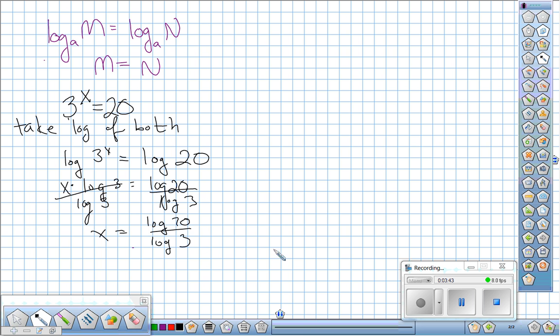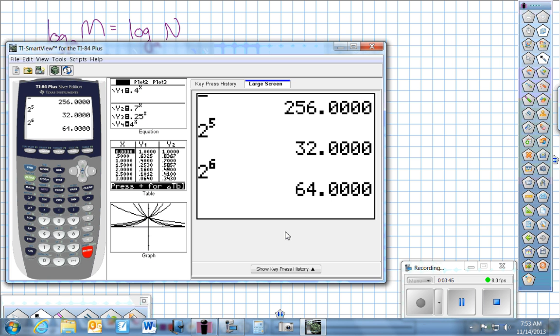And I'm just going to do that in my calculator. So I'm going to take the log of 20 divided by the log of 3. Make sure when you do this, you don't necessarily have to have the parentheses on the top, but make sure you actually remember the parentheses right here.